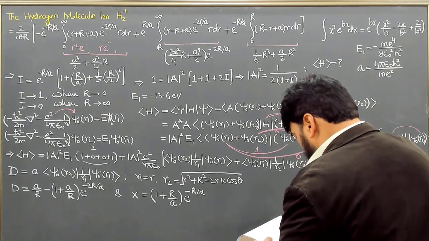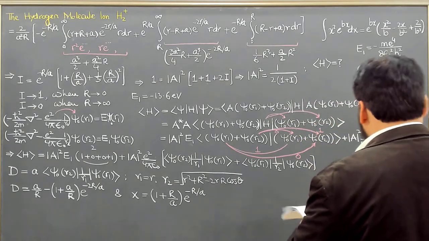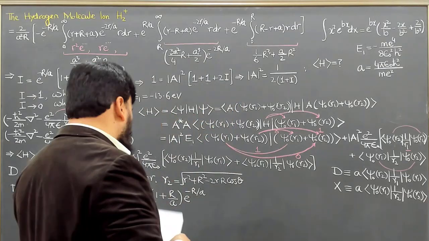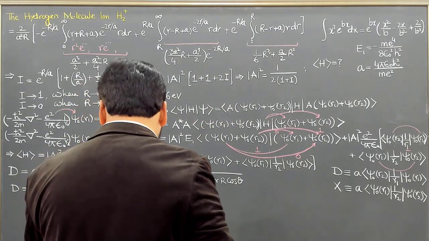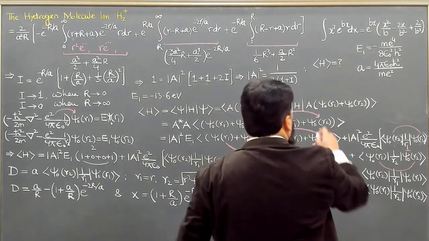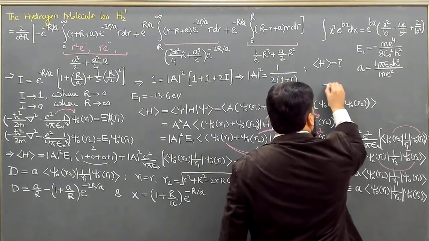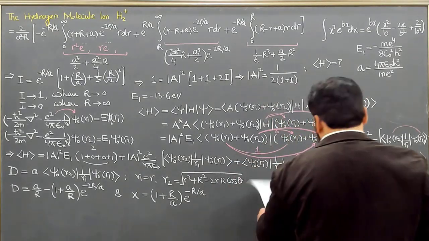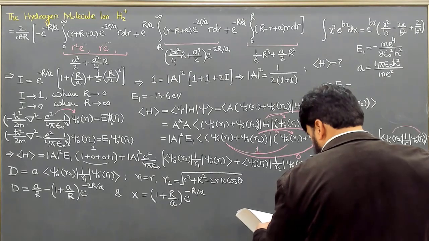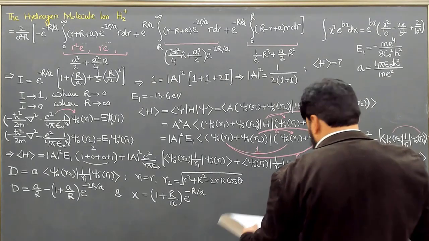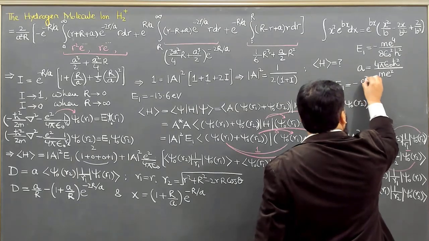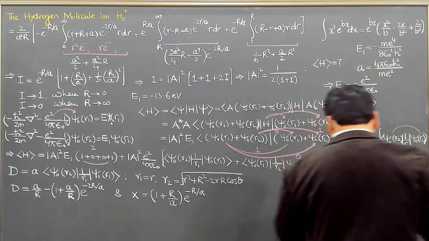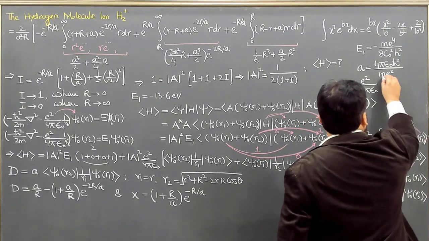We can convert these two, and in the lecture notes you will see that I have converted this, and we find that E1 in terms of the Bohr radius is equal to minus e square over 4 pi epsilon naught times 1 over 2a.